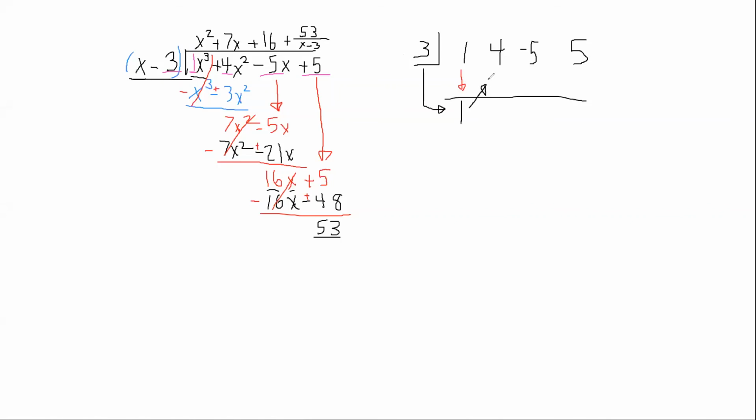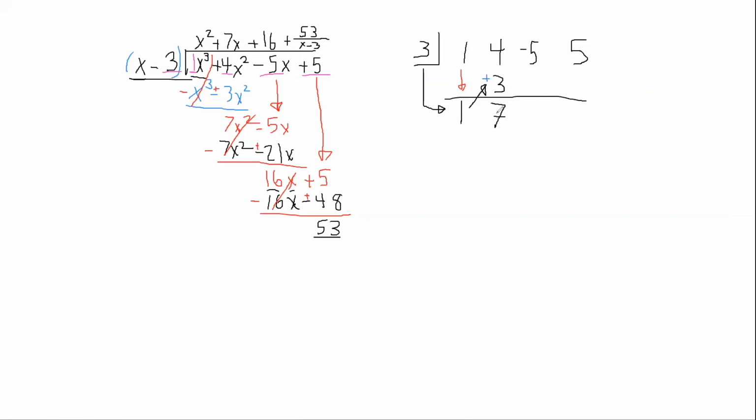We carry it over and it becomes 3 here, under the 4. Now, what we're going to do is we're going to add the 4 and the 3, which gives us 7.